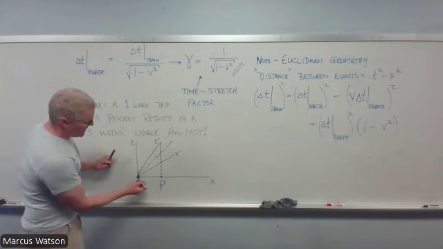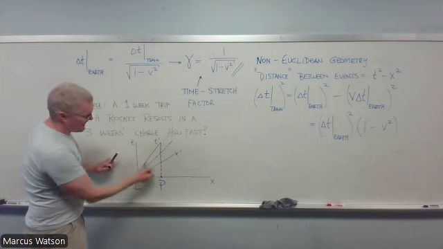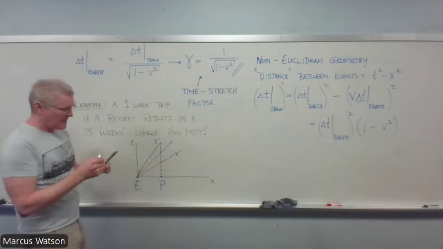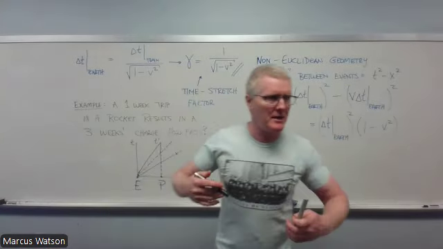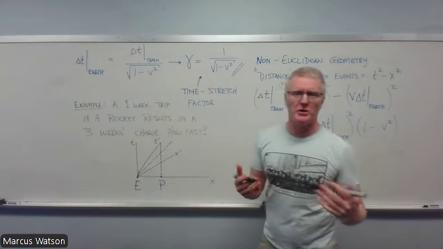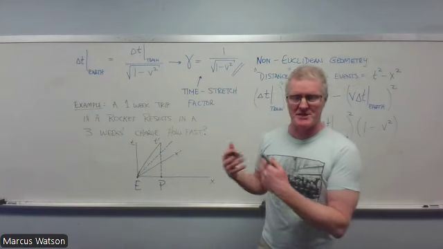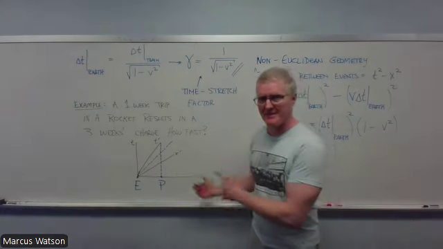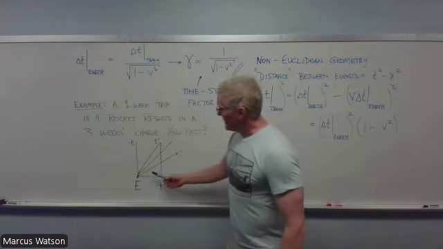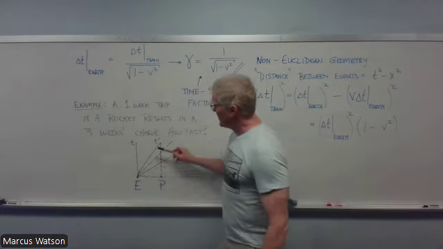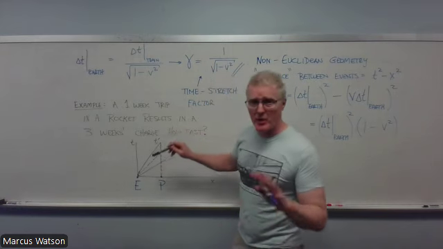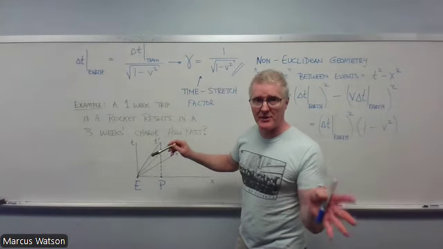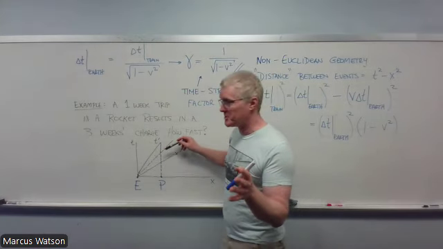Here's my T prime axis, which is my journey. It's what's called a world line. It represents my journey from E to P. Now, notice, I'm going from here to here, and this is where your Euclidean geometry thinking is going to fail you.